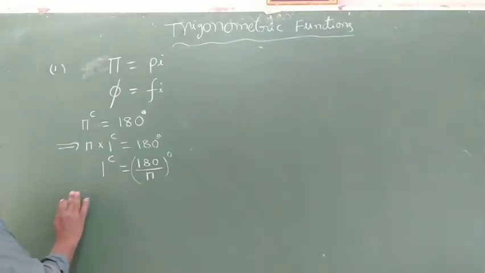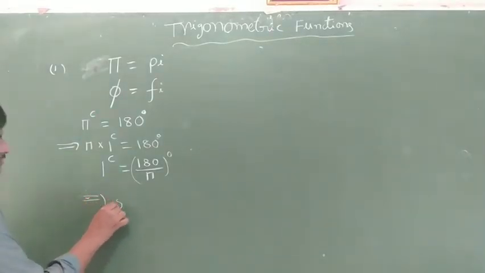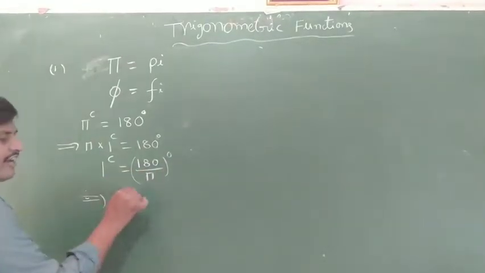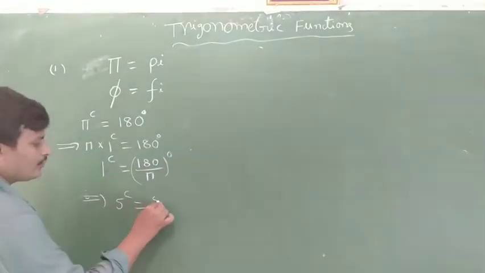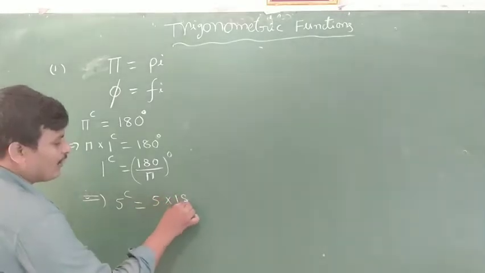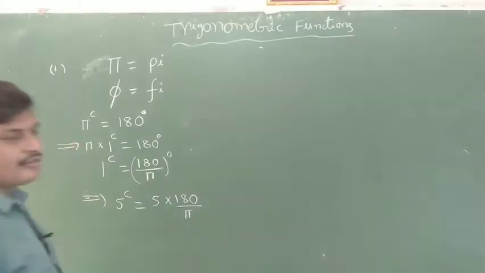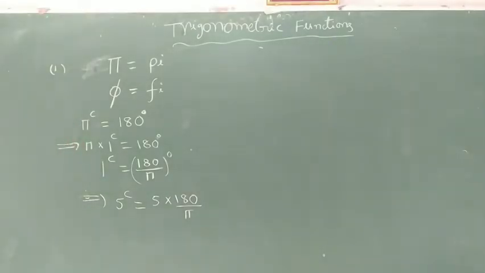Now suppose we want 5 radians. 1 radian is equal to 180 by pi degrees, so 5 radians is equal to 5 into 180 by pi degrees.